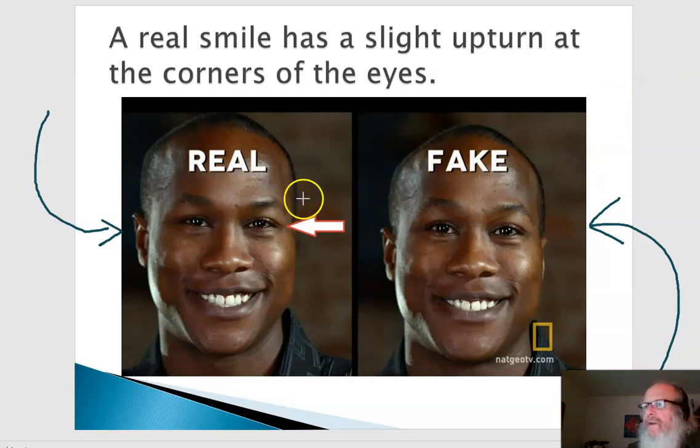And the thing that you really want to look out for, if you're looking to see whether somebody is just turning the corners of their lips up and copying a smile, or they're really genuinely expressing feelings of pleasure or amusement that they're personally experiencing, is just this little upturn of muscles at the corner of the eye. If you've got a real smile, they're turned up just a little bit, and if you're faking it, that's not necessarily there. Here's another example.